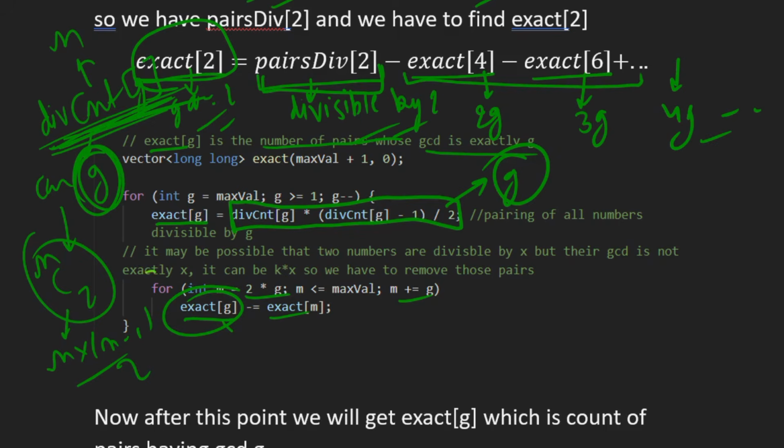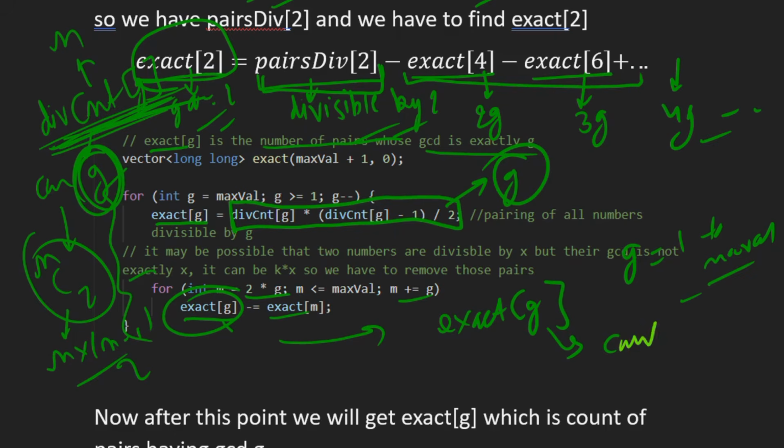So after this loop we'll get exact of G for every G from 1 to the maximum value, right? And this exact of G will give us the count of pairs having GCD equal to G, right?